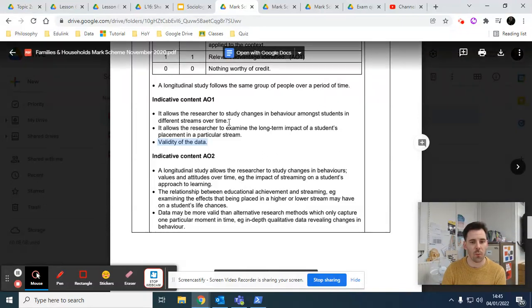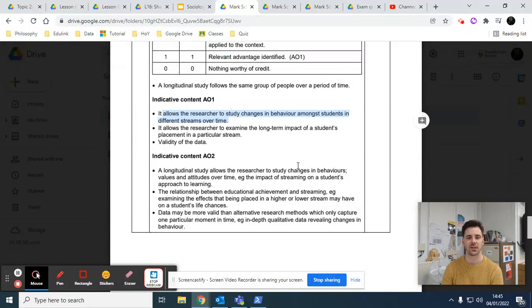Let's just choose the top one. It allows the researcher to study changes in behaviour among students in a different stream over time. The top bullet point develops that. So you can see a little bit of repetition here. I might be able to see if values and attitudes change over time, for example the impact of the streaming on their approach to learning. Sometimes upper streams or top set students tend to do better because they tend to have a better attitude.